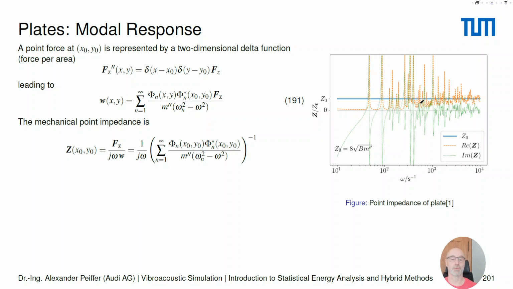And if you do so for one specific plate, we see the typical and general effect. This is the curve, where we present the impedance divided by the free field impedance, and this is 1. We have a deterministic behavior of the plate at the low frequencies.